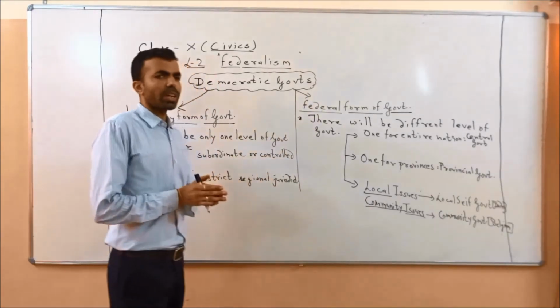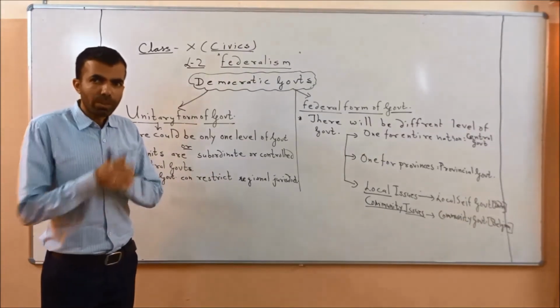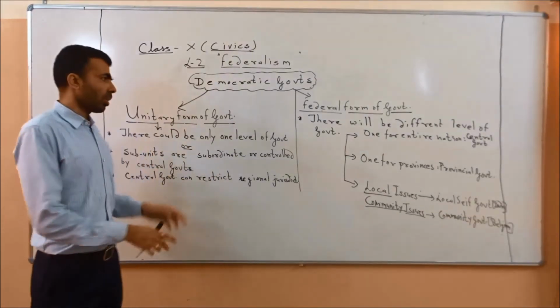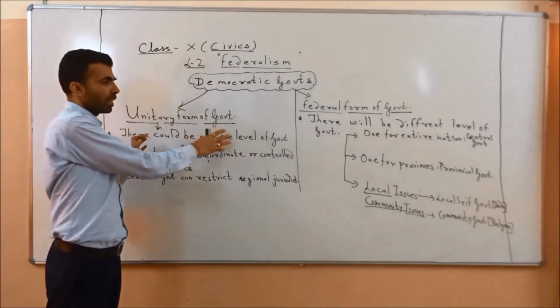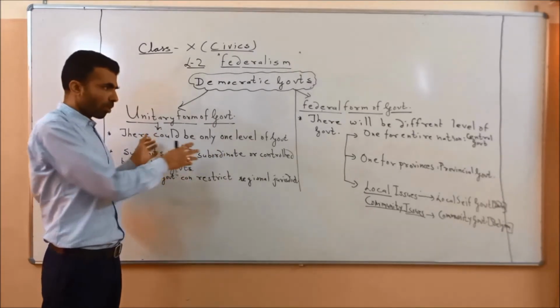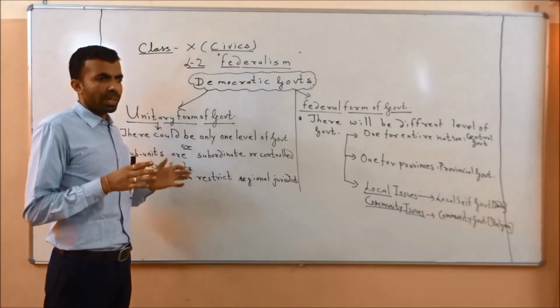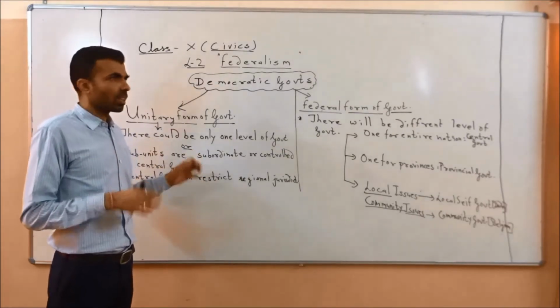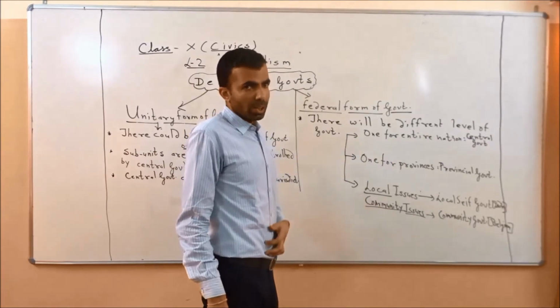So now you can understand which set of government would give better administration. Here, one level of government is packed with all the issues, so definitely it would not be that smooth, isn't it? They would not be able to pay whole attention in a very smooth way, isn't it?